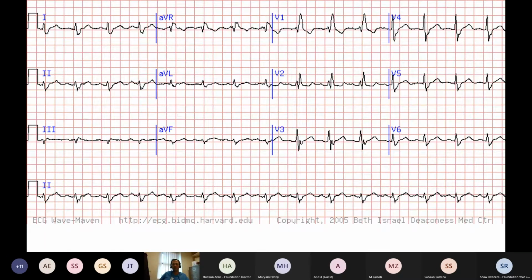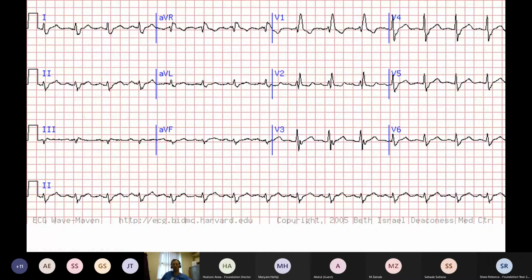And what do you all think of the QRS complexes here? Are they normal in duration? Good, so they're broad complex. So we have broad QRS complexes, and therefore it can be either right or left bundle branch block.